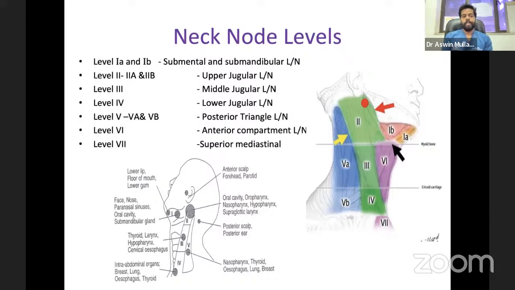Level 1A and 1B are submental and submandibular; levels 2, 3, and 4 together are collectively called the jugular nodes, upper, middle, and lower. These are the common nodal stations in case of primary oral cavity tumors. So we should have thorough knowledge about all these nodal stations.